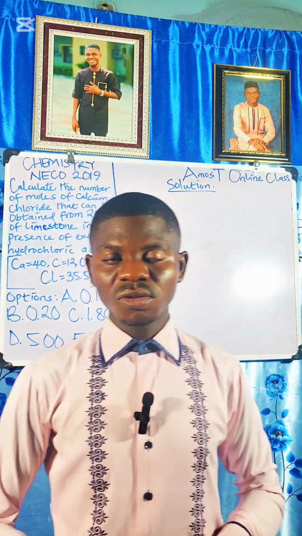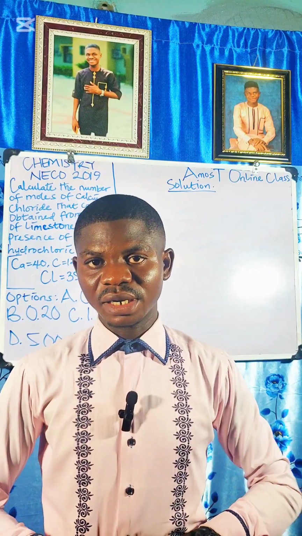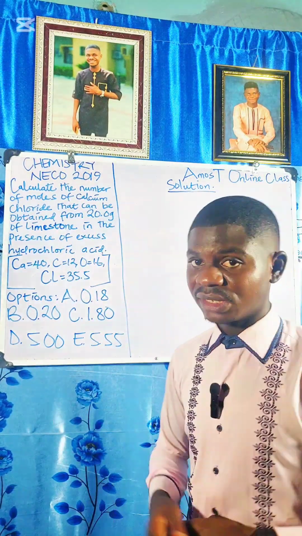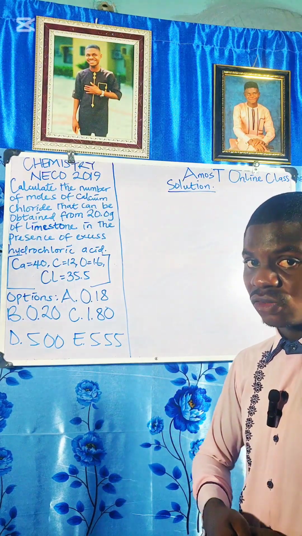But before that, once you have something like this, we need to write a balanced chemical equation. From the question, limestone, which is calcium trioxocarbonate, is reacting in the presence of excess hydrochloric acid.